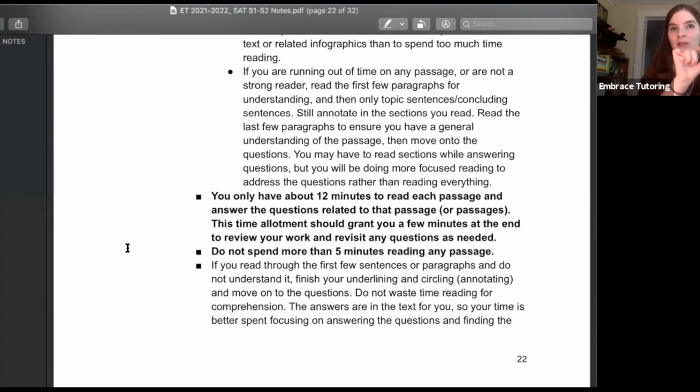Focus your reading, after you've read the introduction, on only the topic sentence and the concluding sentence of each paragraph, so that you have those underlined as you're going through and looking for proper nouns and numbers, and doing other keyword annotations in the margins to jog your memory about what each paragraph or each section of a passage is about, so that you can get through the passage without doing the full reading.